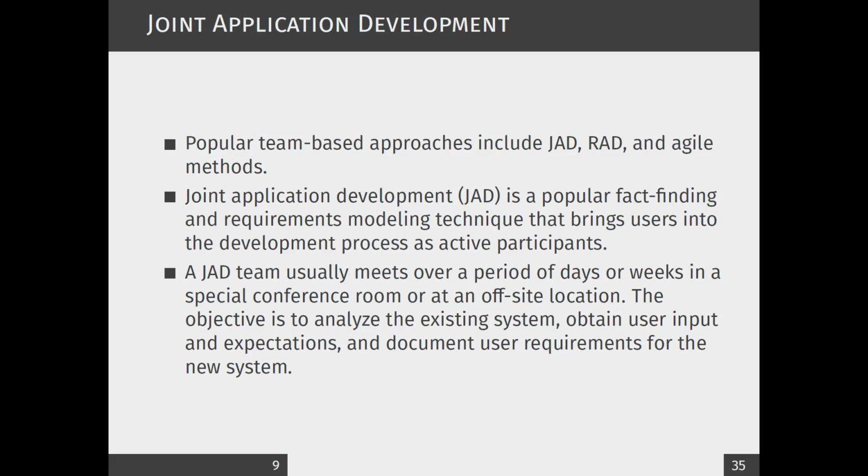Another way of developing applications is the use of JAD, joint application development. This is what we call a team-based approach. And this is the first place you will notice that users are involved in the development stage. How it happens is, usually they meet over a period of days or weeks, and they analyze what is in the existing system, and then you get the user expectations and also document the new user requirements.